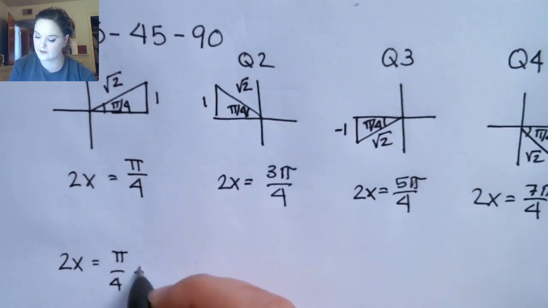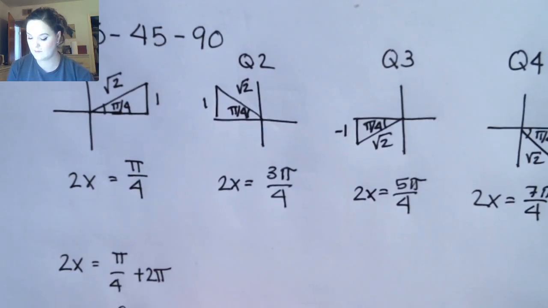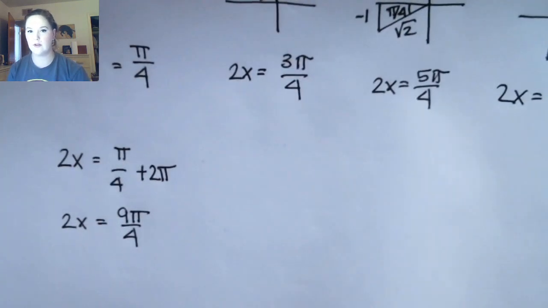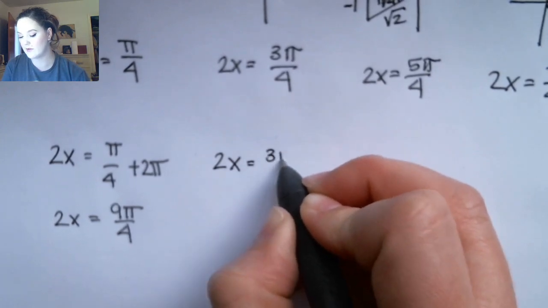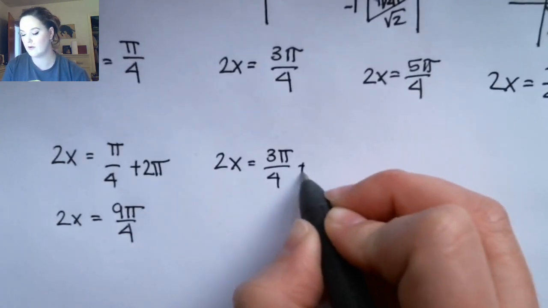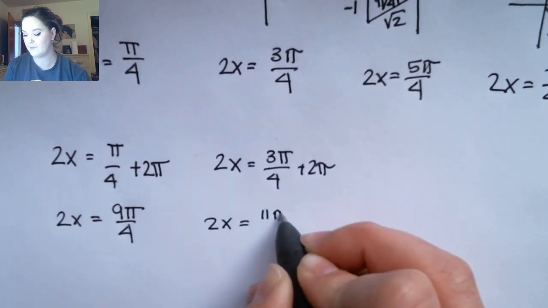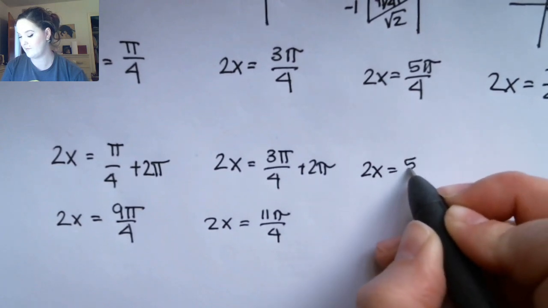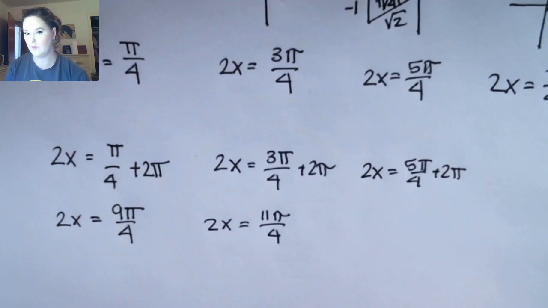Move that up so you guys can see it. Okay, so my first coterminal solution, 9 pi over 4. And then I'm going to do that for each one of these solutions.